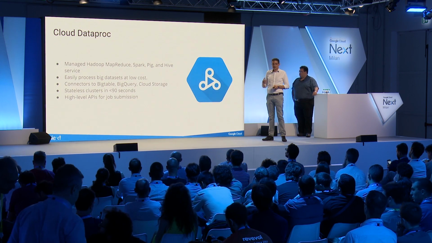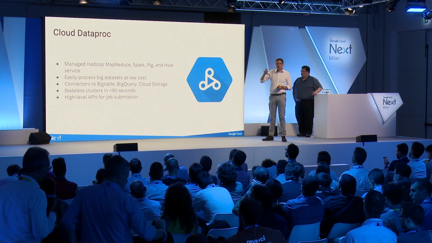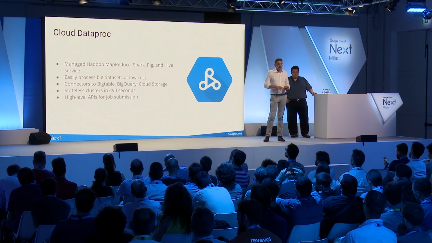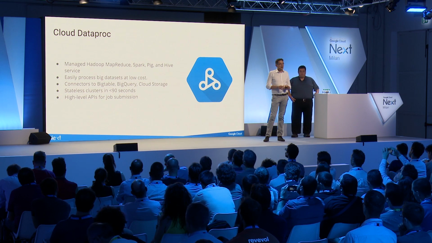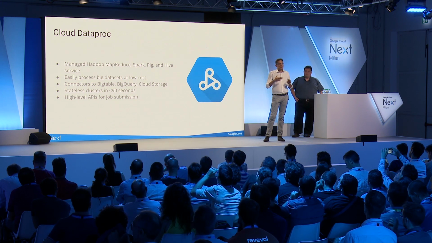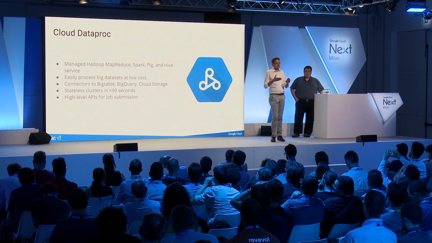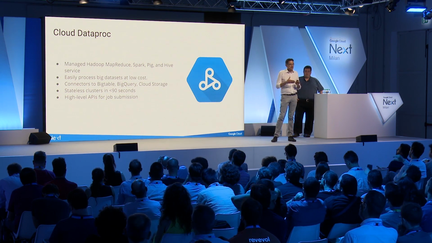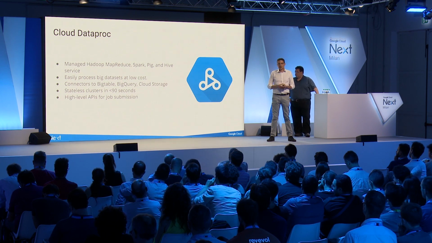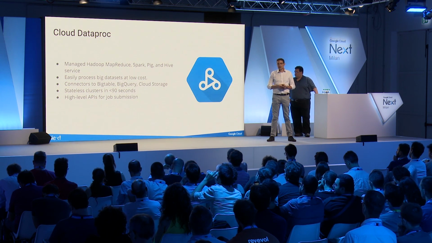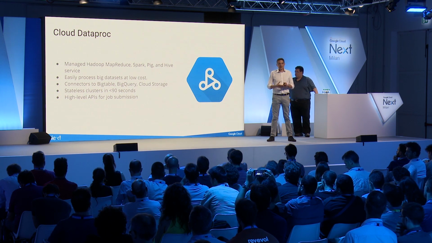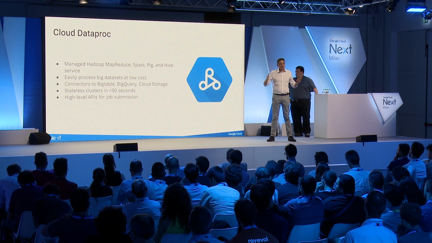Another component used in the consumer part of the Spotify event delivery system is Cloud Dataproc. Cloud Dataproc is a managed service that provides Hadoop and Spark clusters. It automates the deployment and the management of the cluster. Spark and Hadoop jobs always require a large amount of data and a large number of nodes.